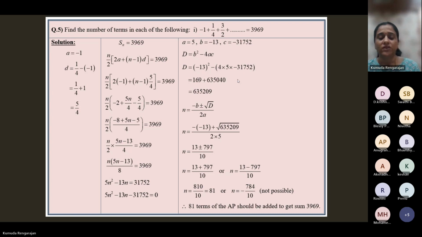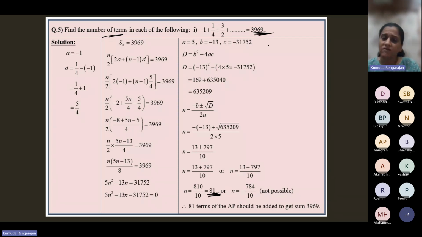All right. N is equal to 81 means the sum of the first 81 terms of this AP is 3969. Find the number of terms. The sum of the first 81 terms, A1 plus A2 plus A3 plus A4 up to A80 plus A81, is 3969.